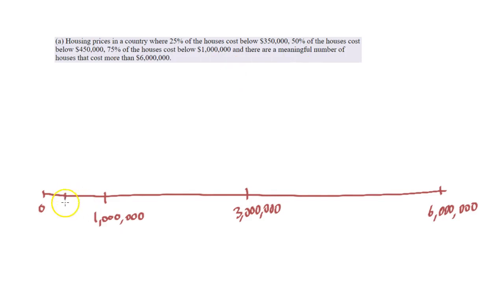So 350,000 would be about right here. And then 450,000 would be about right here.